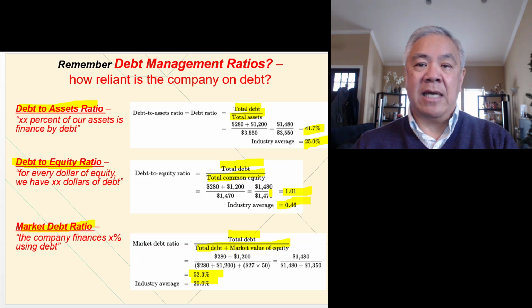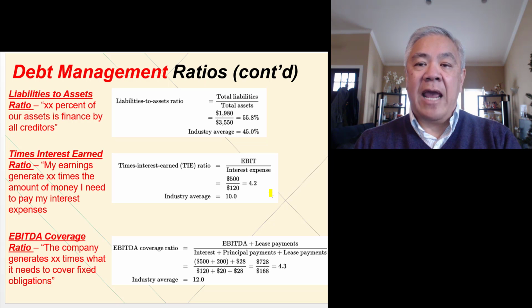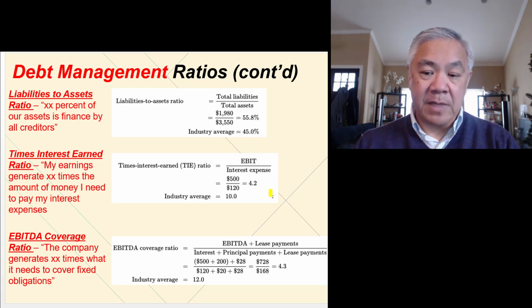So all these put together would lead you as an analyst to be a little bit concerned and investigate how safe the company is in terms of its leverage ratio. The next set of ratios take a slightly different angle at the debt management. So the first is liabilities to assets.